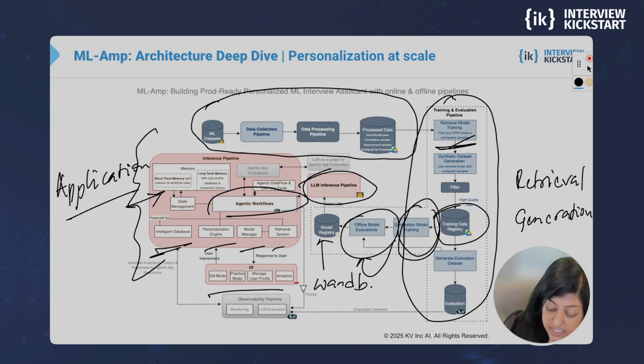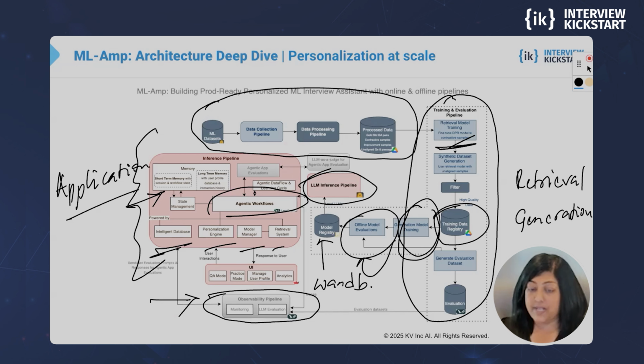And then this is my real-time observability pipeline. When we think about standing up any ML application in production, one guideline is to stand up real-time observability. For those of us coming in from a software engineering background, we all know the importance of metrics and monitoring, right?